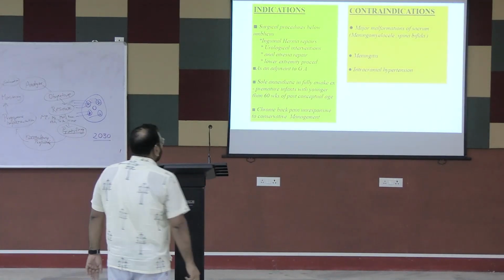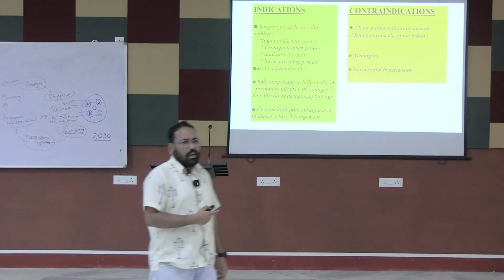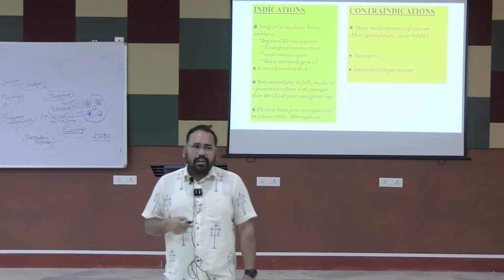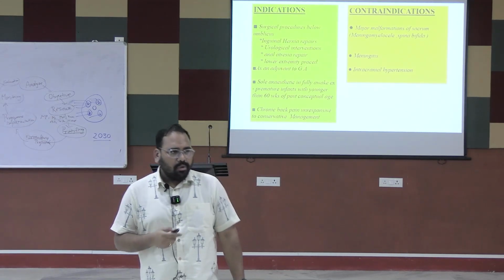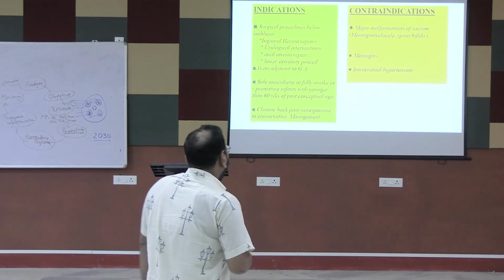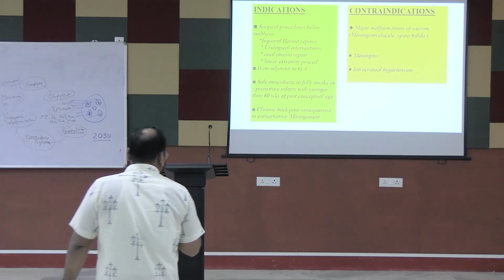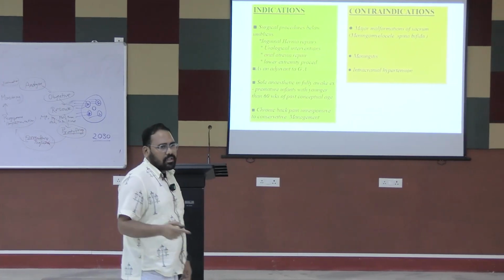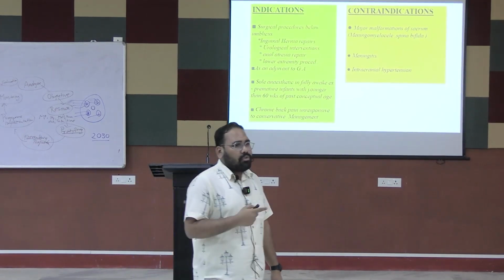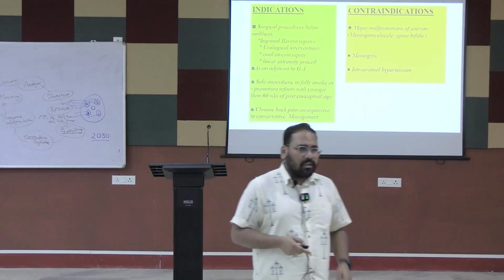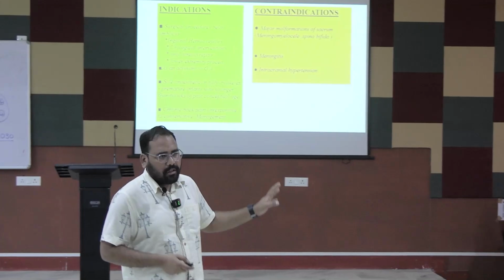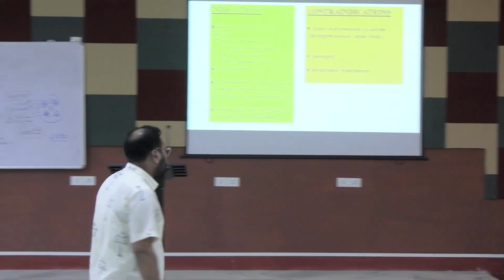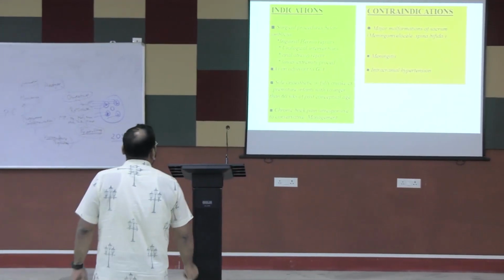So what are the indications? Same as for epidural anesthesia: to prolong the duration of the surgery, and as an adjuvant to GA. If the patient is having surgery under GA, and you need to give added analgesia, you will give caudal analgesia, and that will add to the analgesia.